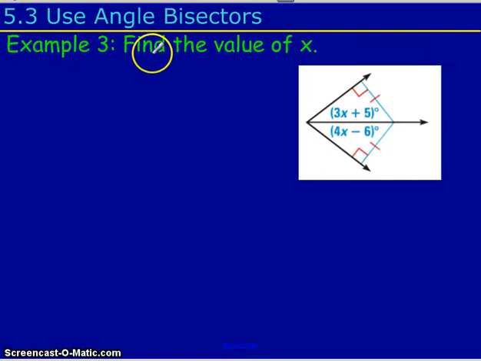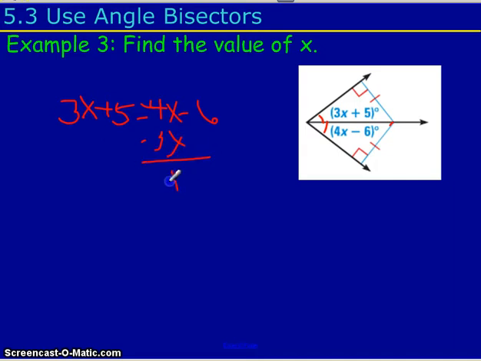Alright, moving on here. Find the value of x on this one. Well, again, we got a point right here that's on the angle bisector. That would have to make these two congruent right here. So I'd stick 3x plus 5 equals 4x minus 6. And then if I subtracted the 3x's, I would get just x here.